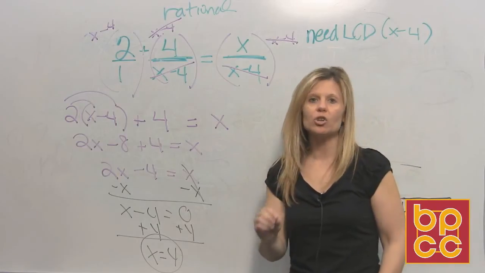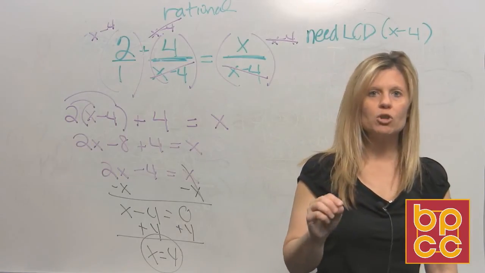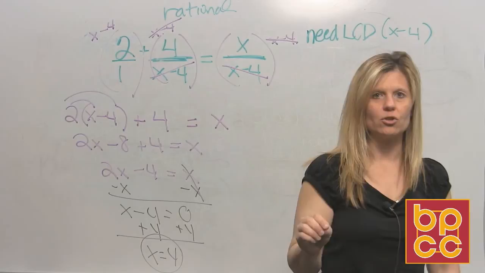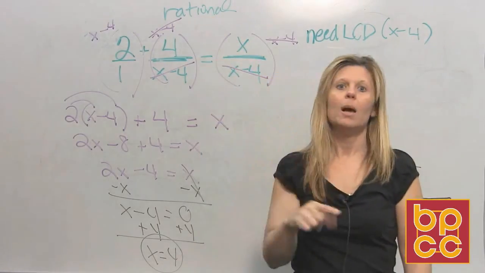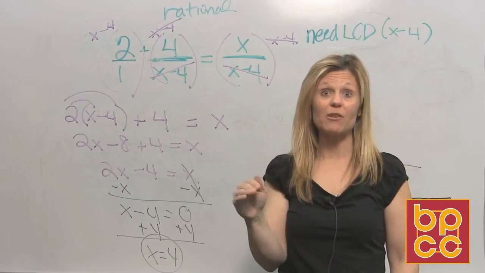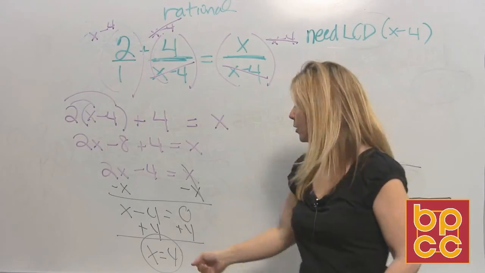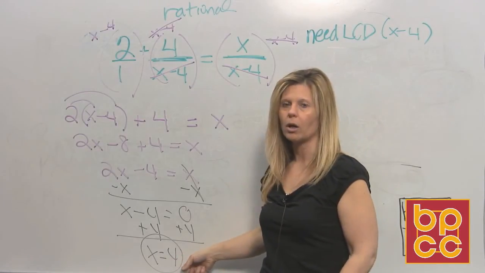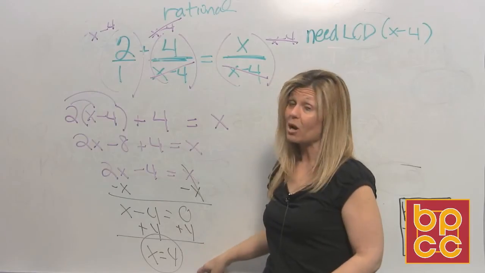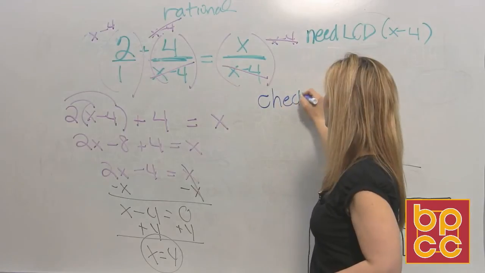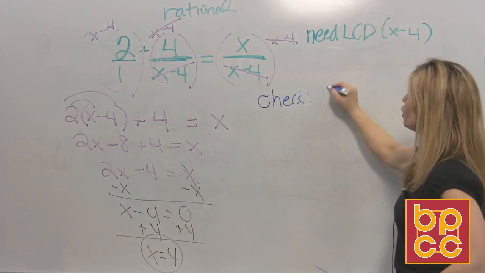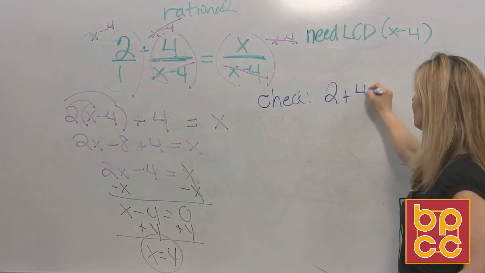One of the things you're going to learn is once you start solving more difficult equations, every time you solve a rational equation, because you changed it and wiped out the fractions in the first step, there's no guarantee this will work. So every time you solve, you're going to have to do a what? A check. How do you check? You write the original equation I gave you.